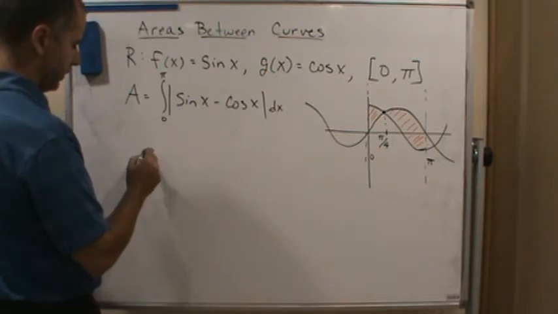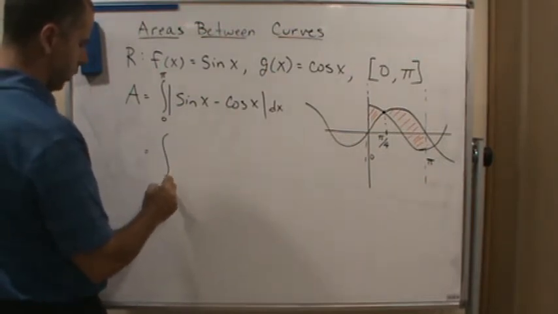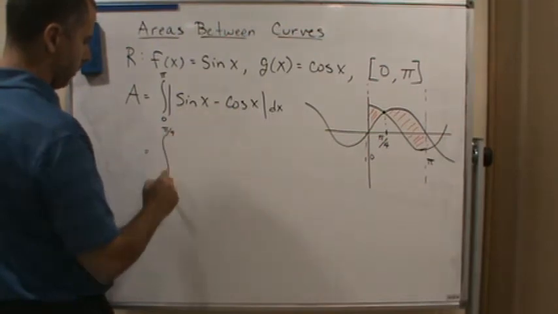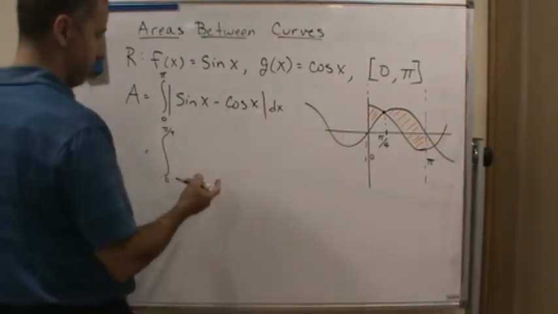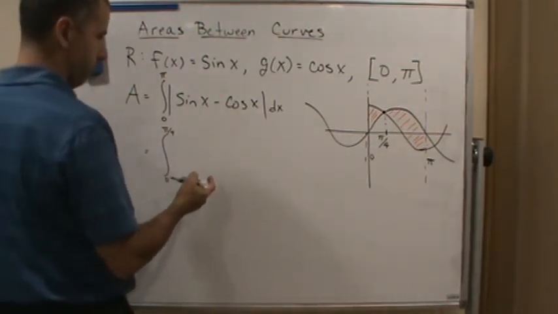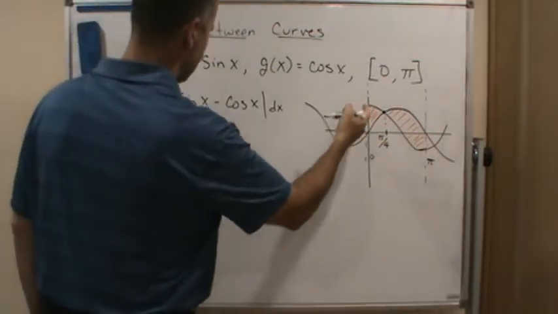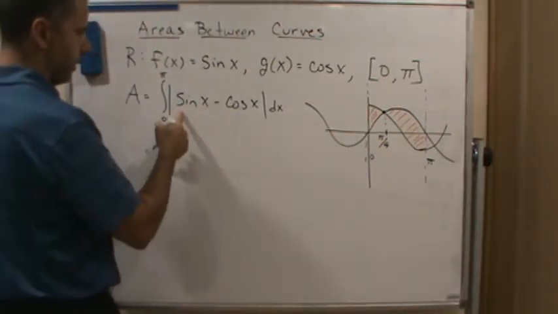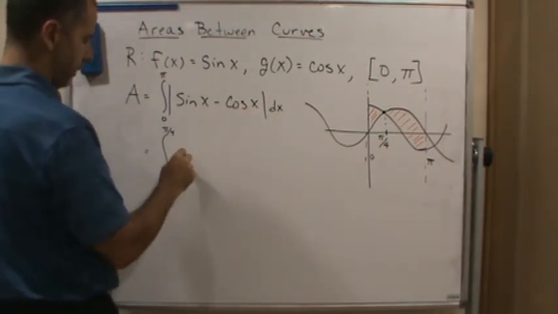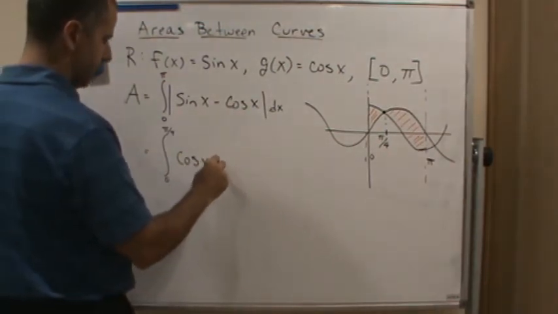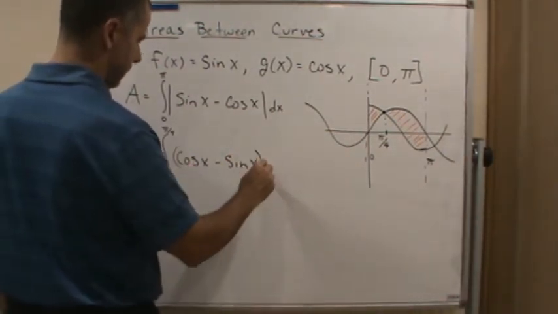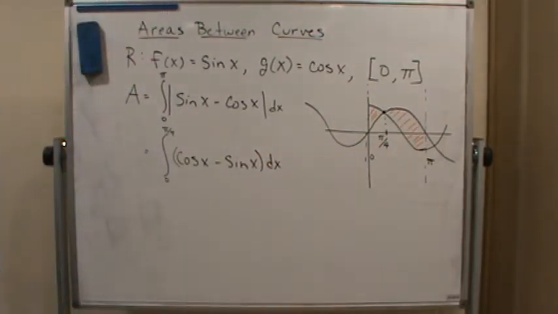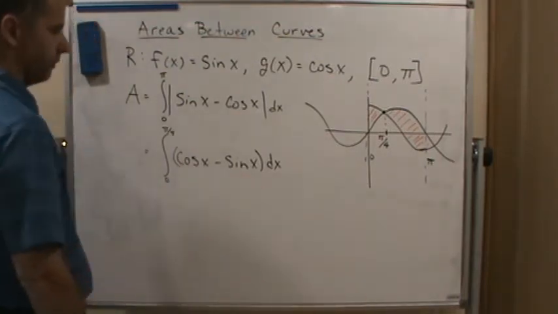This time we split it into two intervals. We go from 0 to pi over 4, and we want the absolute value of sine minus cosine, but which one is on top? Cosine's on top, so the absolute value becomes cosine x minus sine x. We can drop the absolute value signs if we just switch the order: top minus bottom.